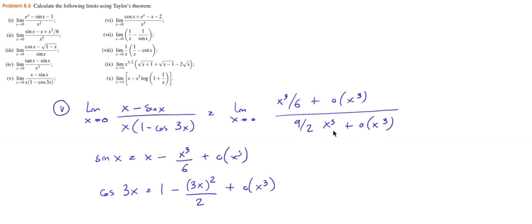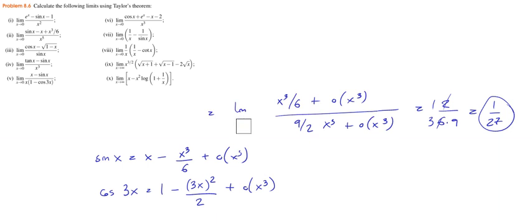So x cubed and x cubed go away, so the limit is 2 divided by 6 times 9, so this is 1/3 times 9, 1 divided by 27. Okay.